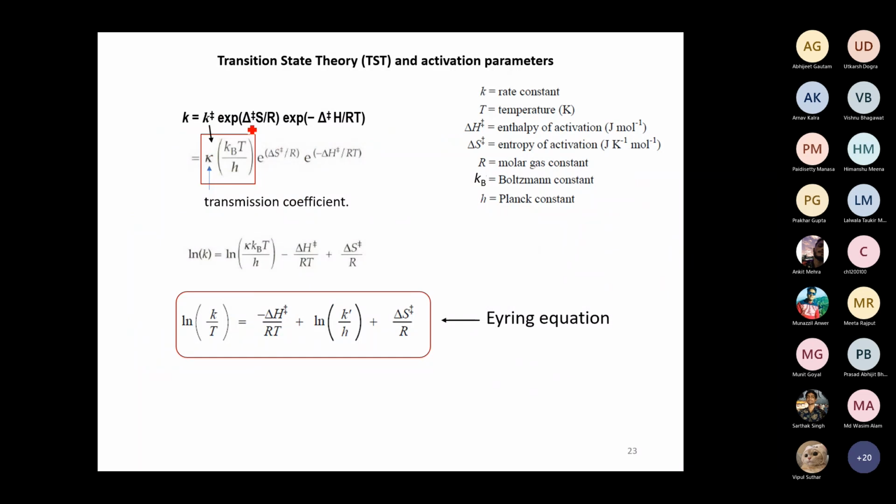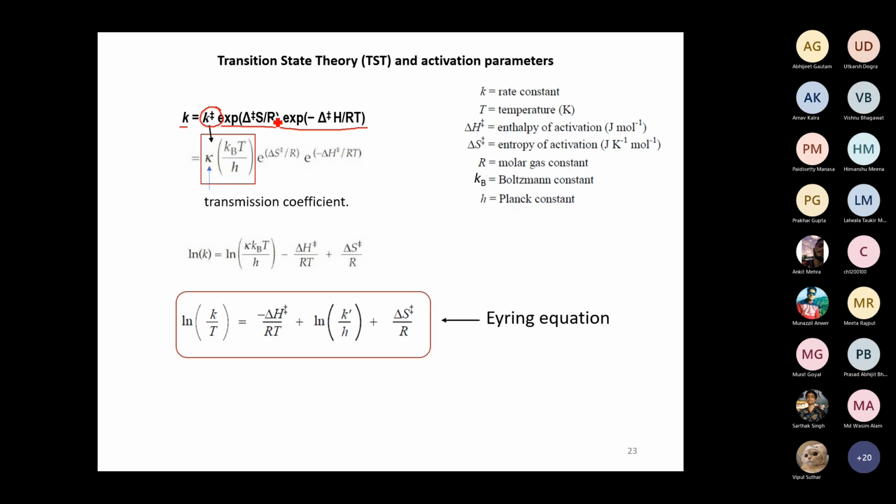So here, k comes from k equilibrium, that I showed you in the last slide, e to the power del S of activation by R into e to the power minus del H by R. And this is the second important part, that is the rate constant for the second step, and that is coming from statistical mechanics.